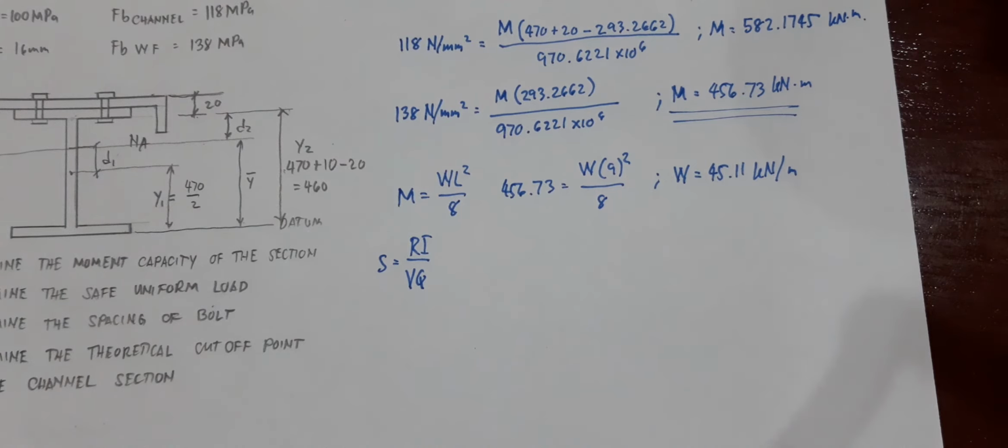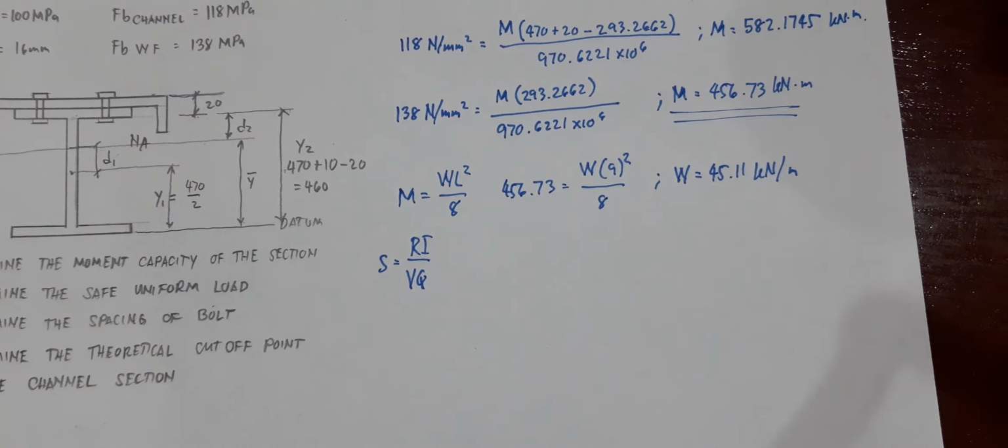R is the shear force which is carried by your bolts. I is the moment of inertia. V is the amount of shear carried by your section. And Q is the moment of area of the section. Which section? Basically, the one that is connected to the main section, that would be the channel. Moment of area of the channel with respect to the neutral axis.